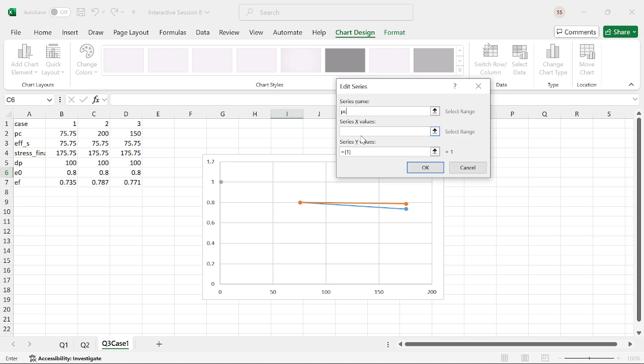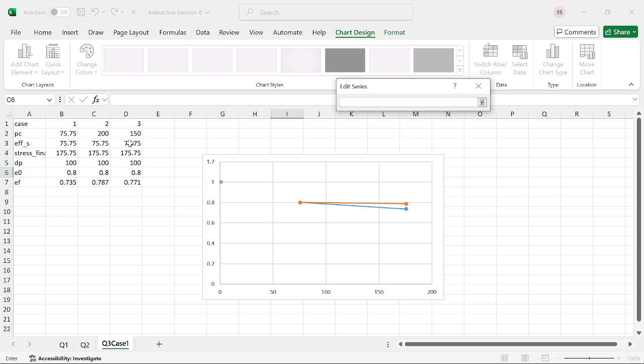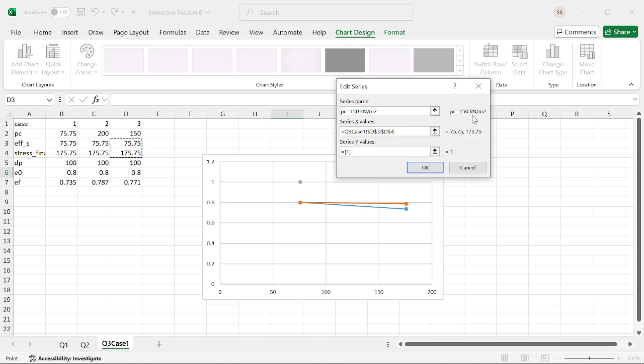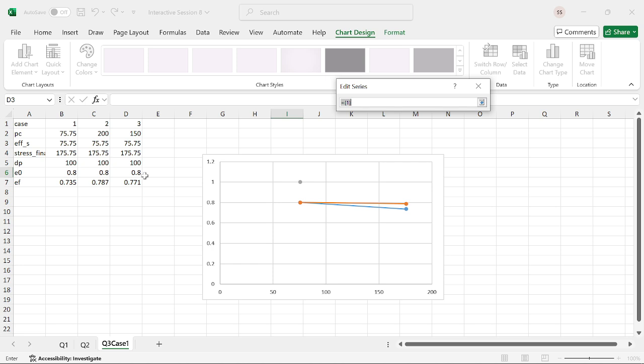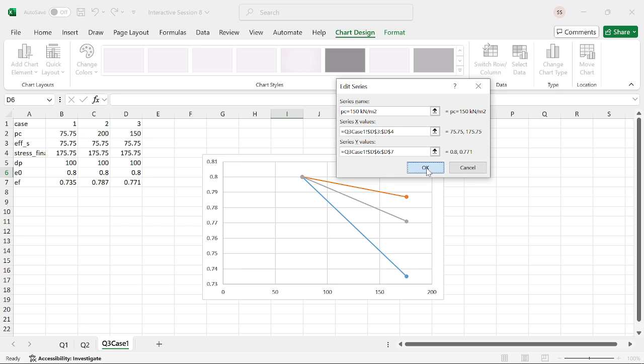Here we have PC equals 150 kilonewton per meter square. X is same, Y is this.